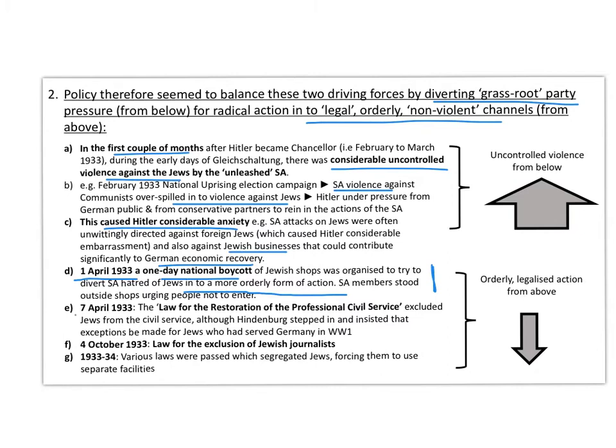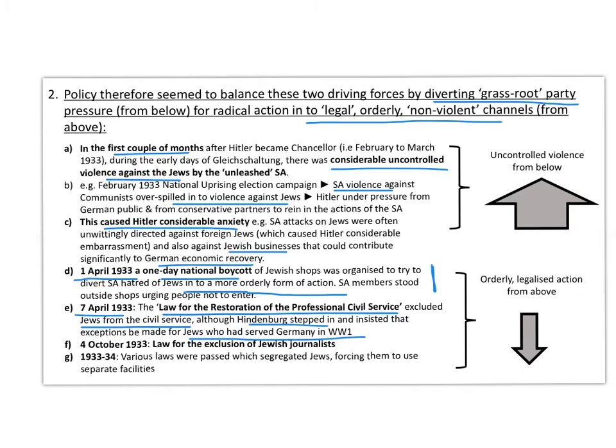And then on the 7th of April 1933, Hitler passed the law for the restoration of the professional civil service, and it excluded Jews from being civil servants. But interestingly, Hindenburg stepped in and insisted that Jews who had served Germany in World War I, fighting for Germany, be excluded from that particular law. So again, within that, we see all sorts of things.